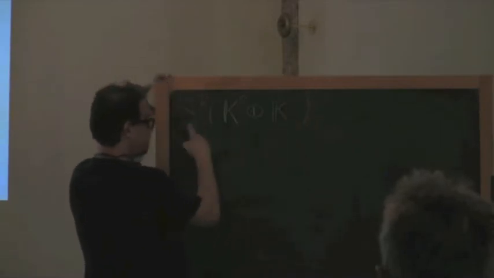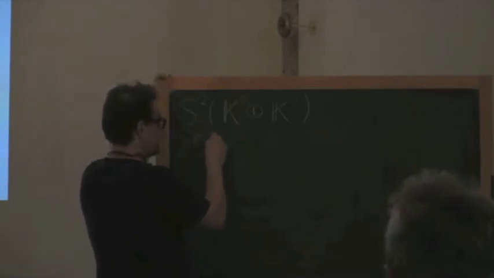So the next step is, okay, now S2 of K0, spherical parts, plus deviatoric parts. Okay, this I can decompose.